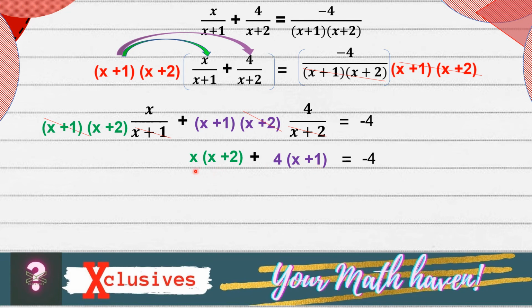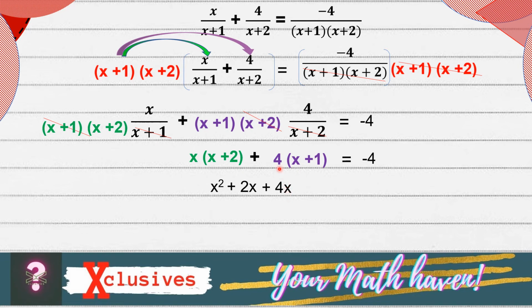So using distributive property, we can multiply now. x times x, that is x squared. Next is x times positive 2, we have positive 2x. And we can also have 4 times x, so that is 4x.